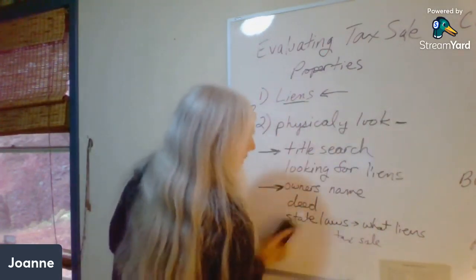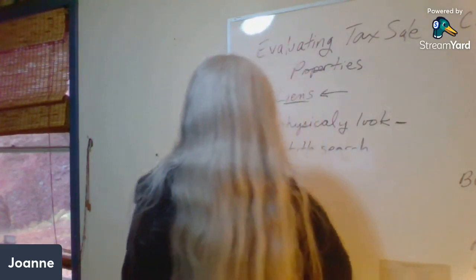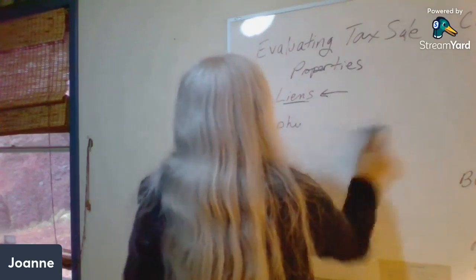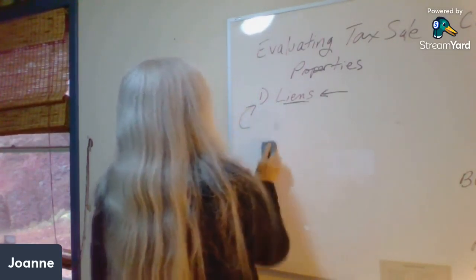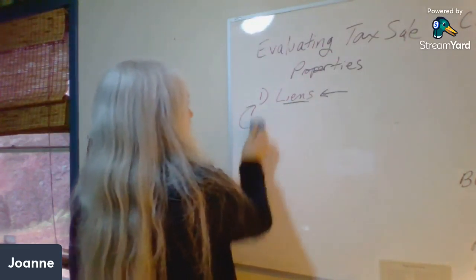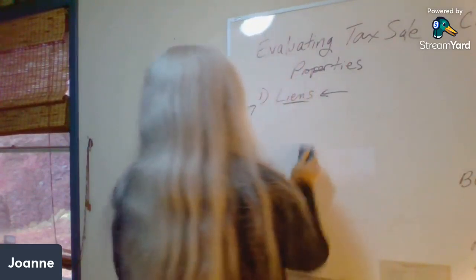All right, but whether you're bidding on a lien or a deed, what if it's vacant land? Then there's a little bit more that you have to do. If it's a lien, you're going to do what we talked about for liens. Whoops, I didn't mean to erase the deeds.